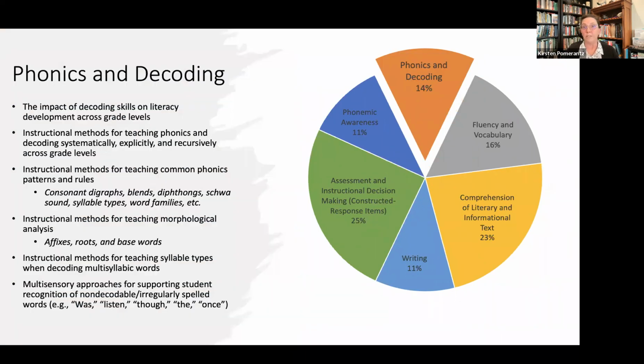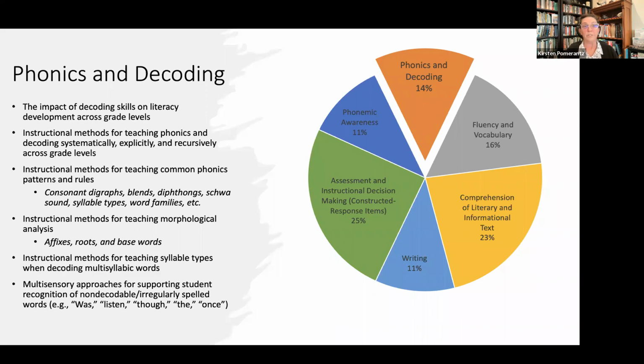Okay, and then phonics and decoding, right? Our next stage of literacy acquisition. For this one, you want to know or be familiar with the impact of decoding skills on literacy development across grade levels. Instructional methods for teaching phonics and decoding systematically, explicitly, and recursively across grade levels.